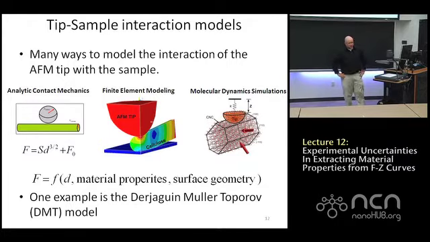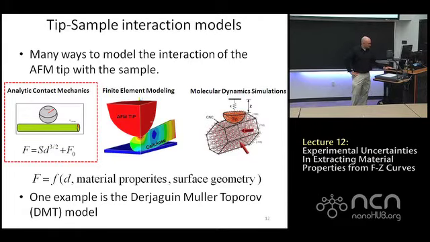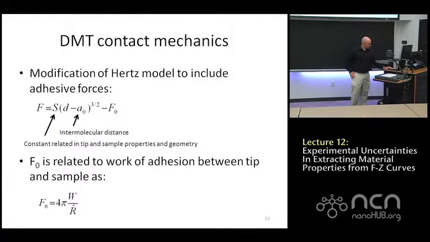But the bottom line is you're going to have force as some function of D and the material properties and the surface geometry. The example I'm going to talk about is the DMT model. I'm not going to try to say those guys' names so I don't slaughter the pronunciation, but those are the guys that wrote the model. So DMT is simply a modification of Hertz contact to include adhesive forces.